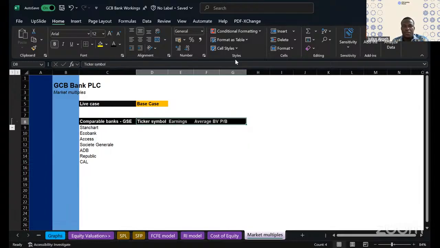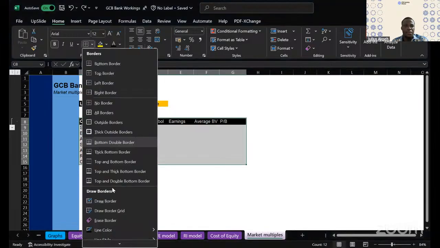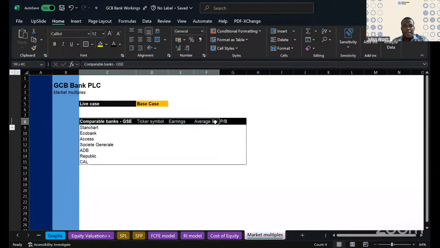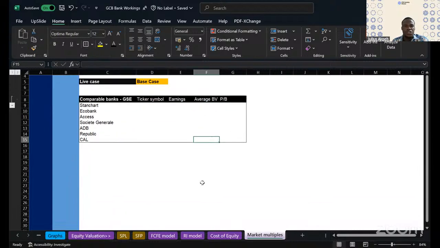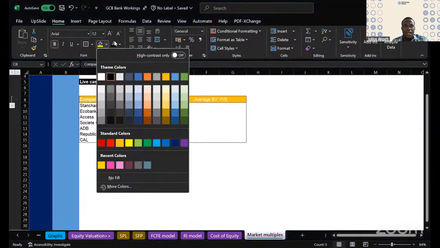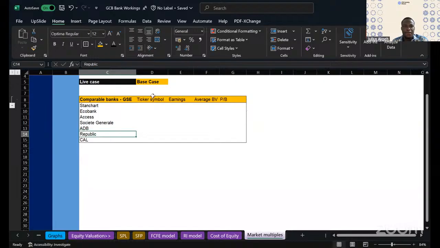Okay, good. So we have this, and let me put this in a nice table. And then the second thing I want to do is to have the comparables for Africa. I'm being tempted to use this color rather. Okay.